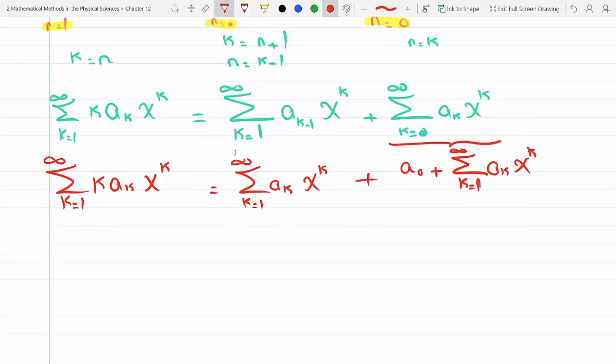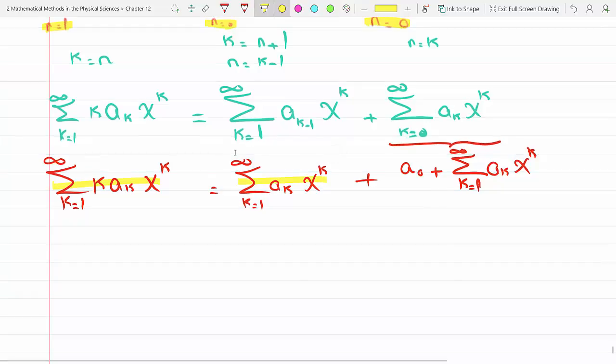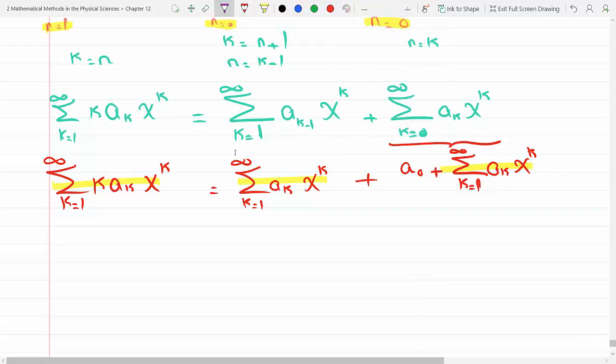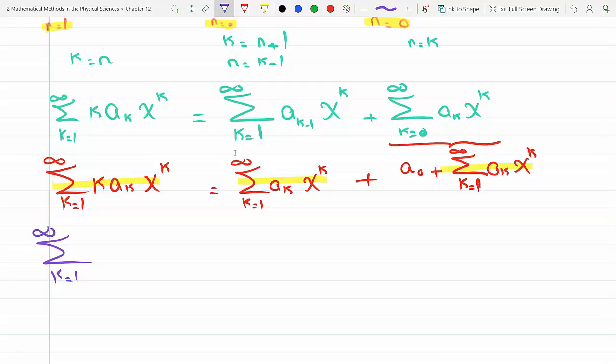Okay, now since all these series start at the same place, k equals 1, and they're all x to the k, I'm going to put them together. I'm going to pull them into the same summation, and in the same step, since they all have x to the k, I'm going to factor x to the k out. So then we get the sum from k equals 1 to infinity. The first one is k.